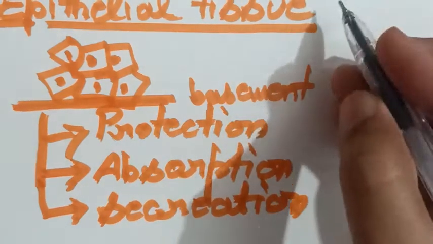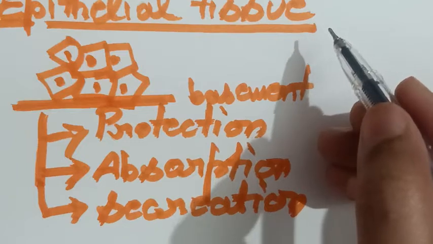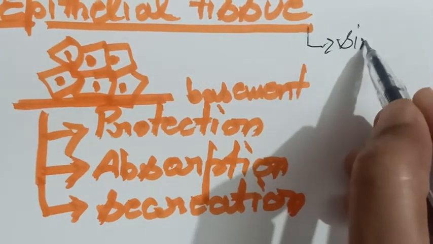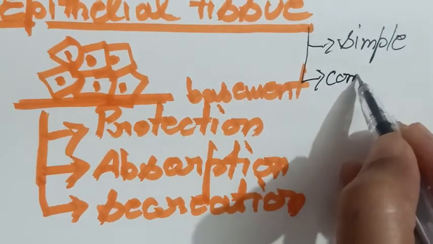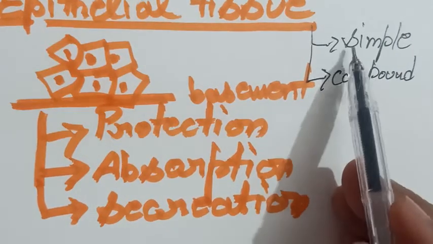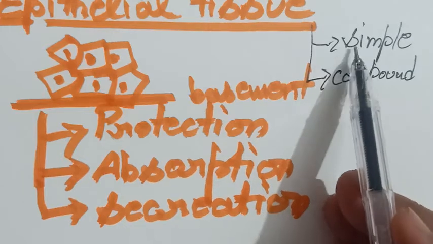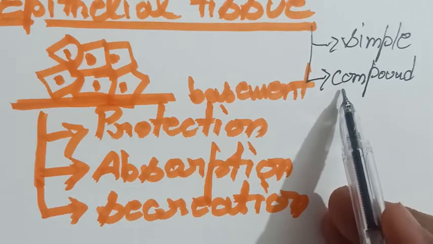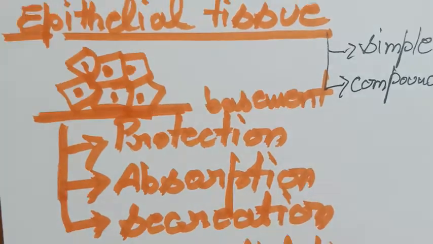So student, again depending upon the number of layers of a cell, these epithelial tissues are categorized into simple and compound. Simple epithelial tissues have a single layer of cells, whereas in compound epithelial tissues the cells are present in multiple layers.